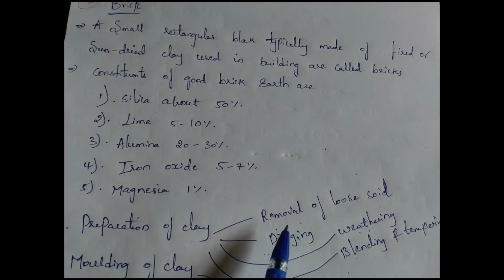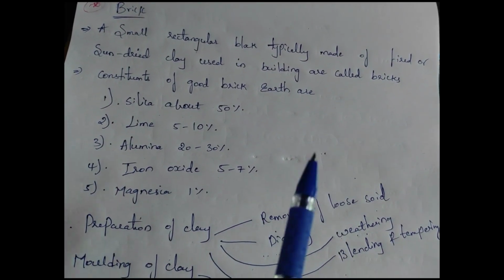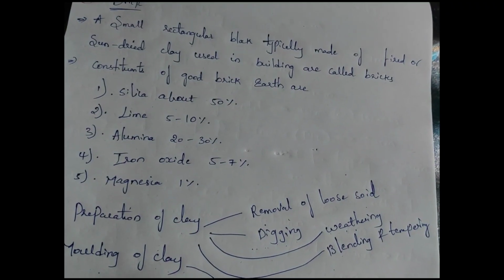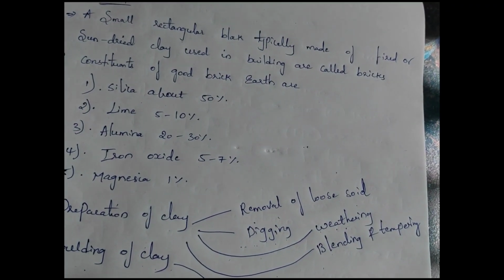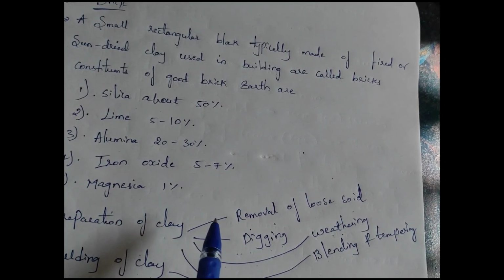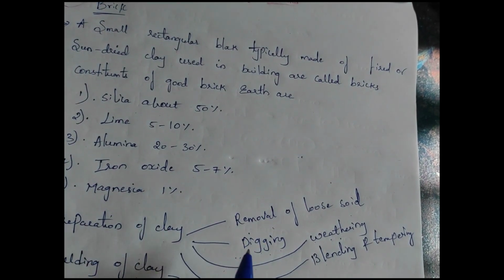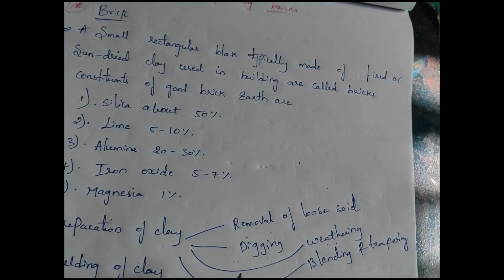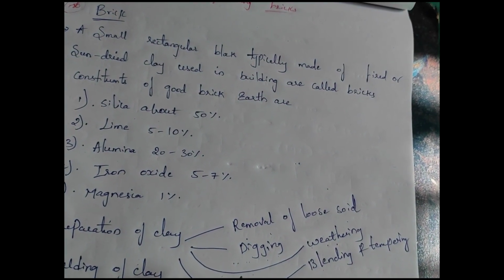In first class bricks, the water absorption is about 20% and crushing strength is greater than or equal to 10.5 Newton per mm square, used for flooring and pointing. In second class bricks, the water absorption is around 22% and crushing strength is greater than or equal to 7 Newton per mm square, used for hidden masonry work.